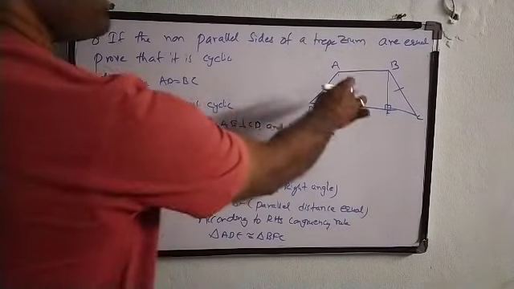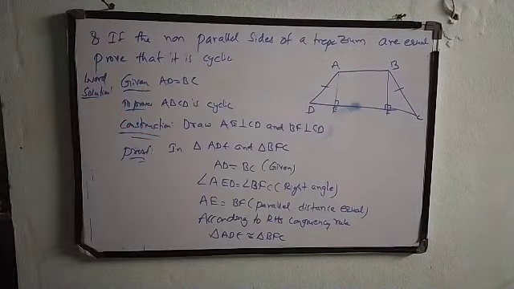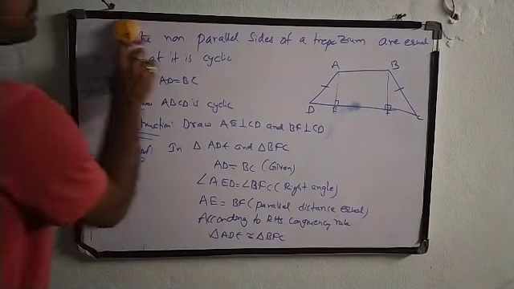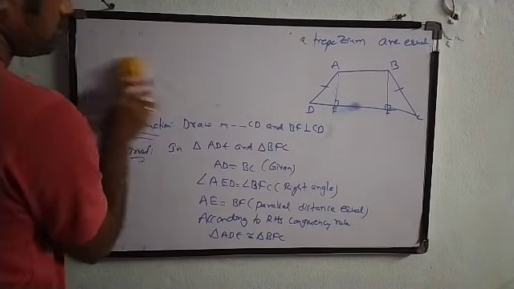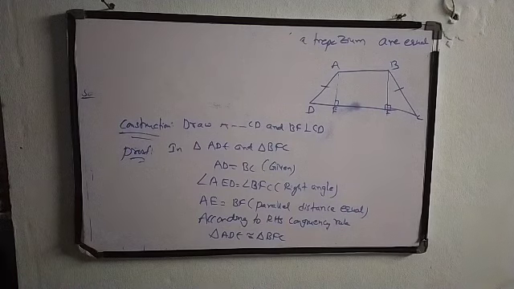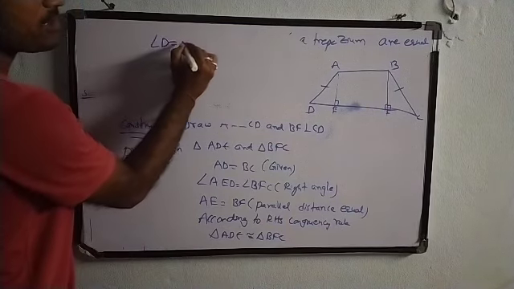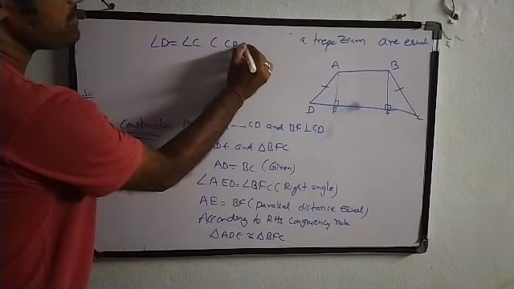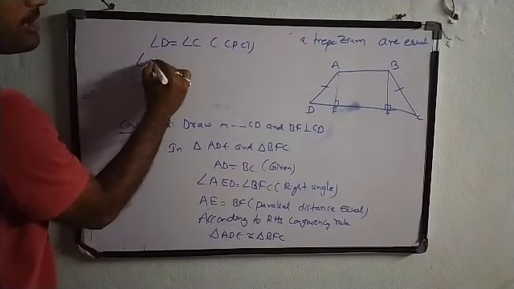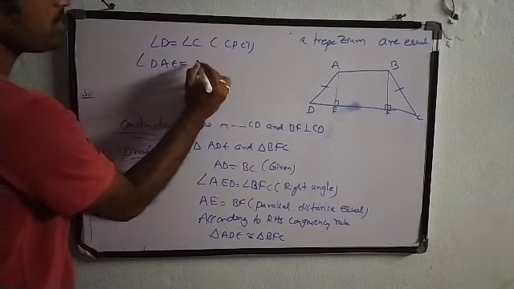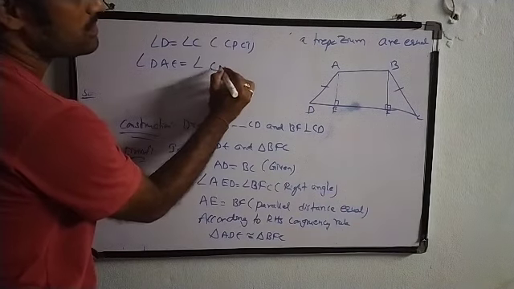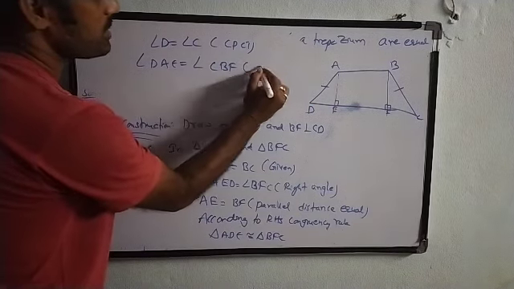So according to CPCT, we can say that angle D is equal to angle C, and angle DAE is equal to angle CBF. This is also CPCT.